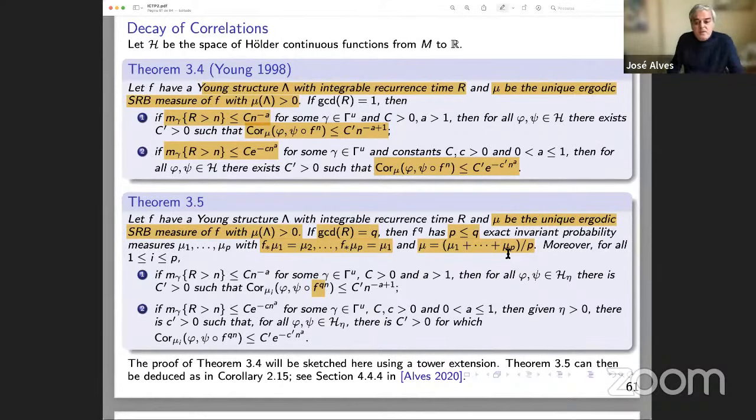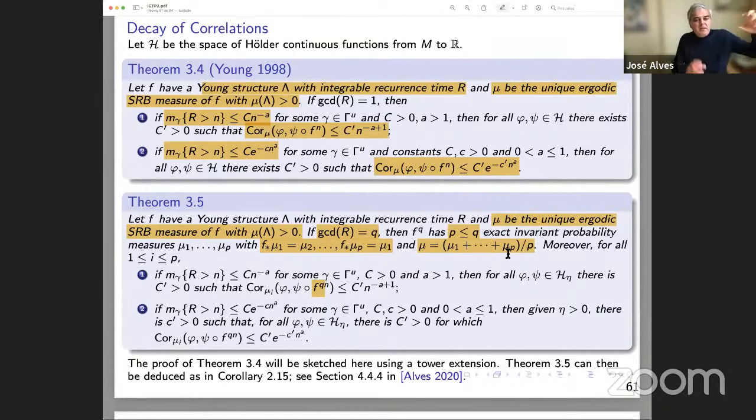Well, as before, to obtain this Young theorem on decay of correlations, again, we will use a tower construction. And again, we'll have a semi-conjugacy from the tower system to the original system. And that semi-conjugacy is not necessarily 1-to-1, and so it's not a conjugacy.